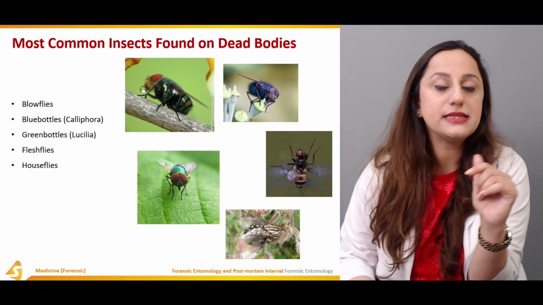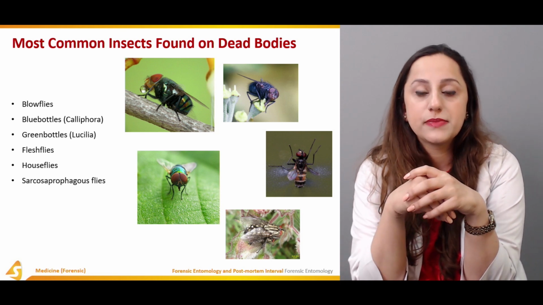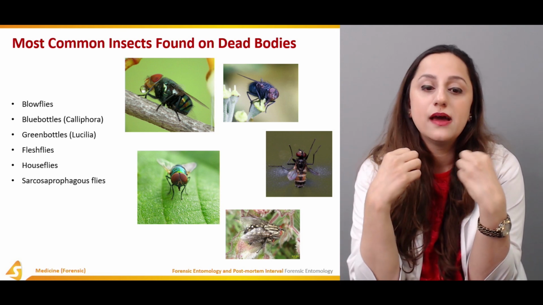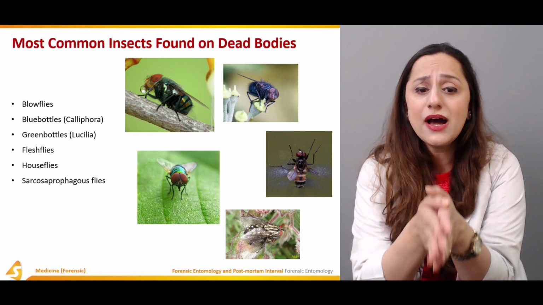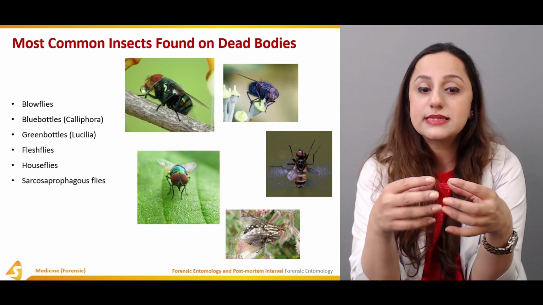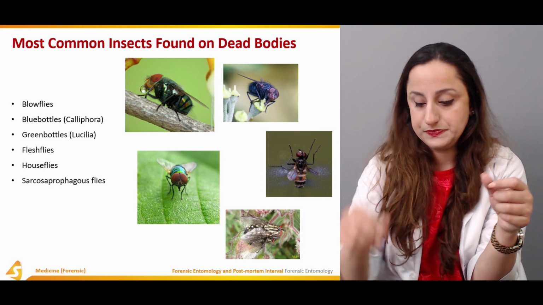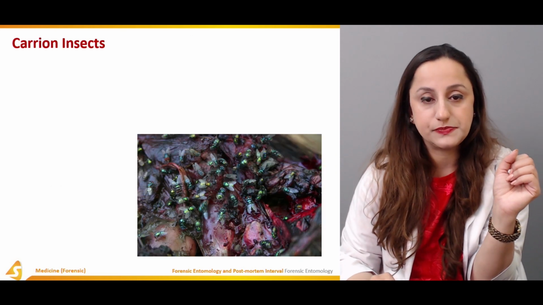We have to keep these things in mind when dealing with a body being parasitized by these flies. All these flies belong to the group known as the sarcosaprophagous flies, so we have to keep these biological names in mind.